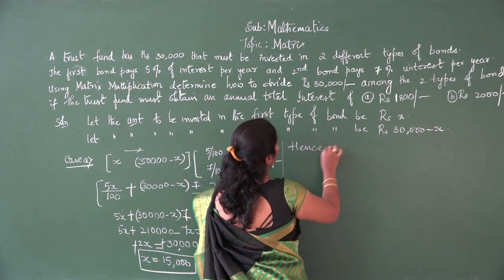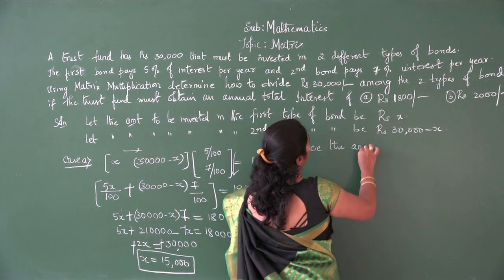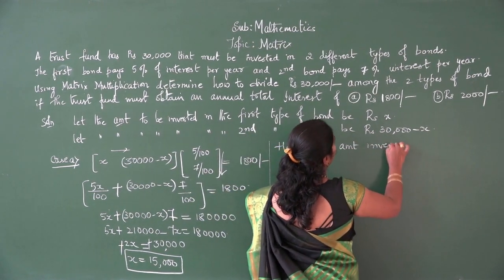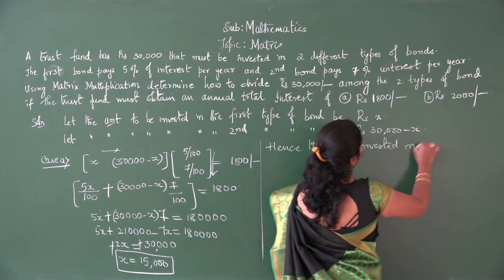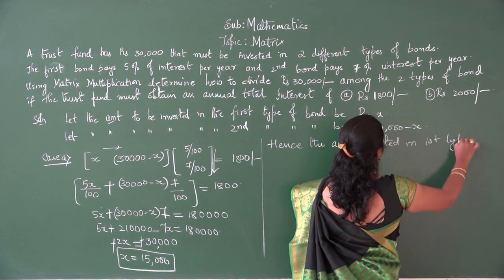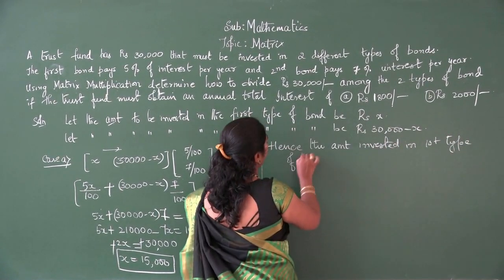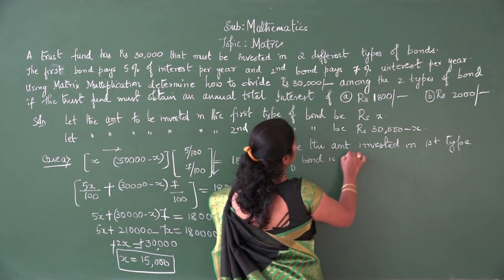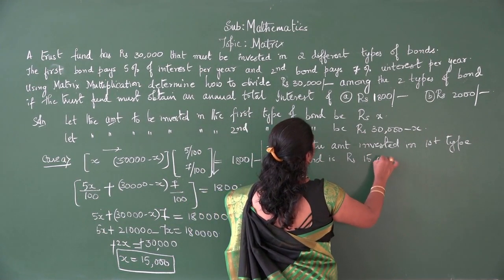Hence, the amount invested in the first type of bond is rupees 15,000.